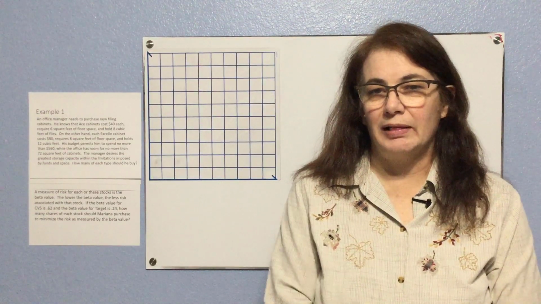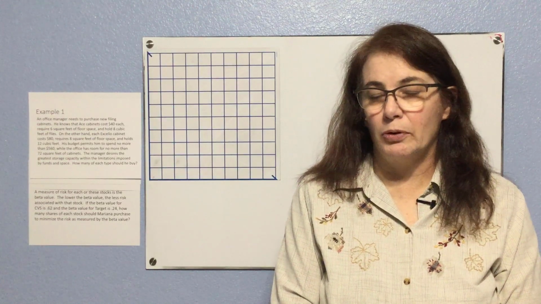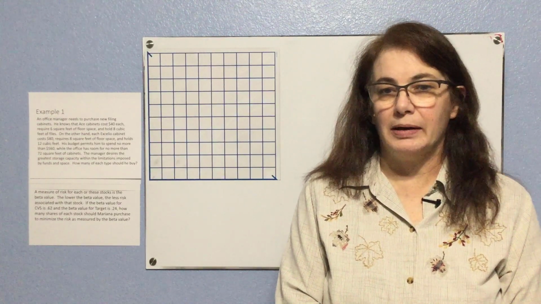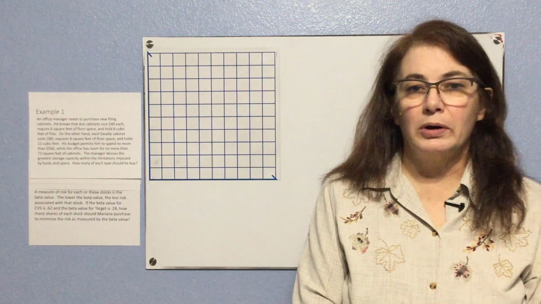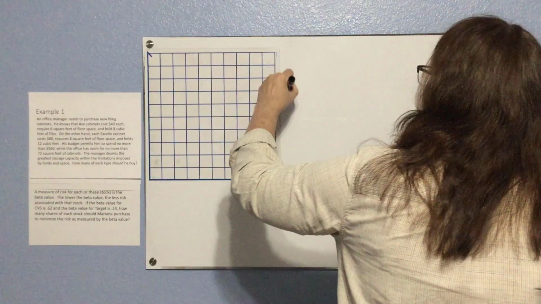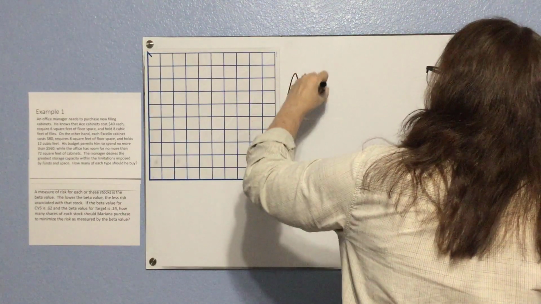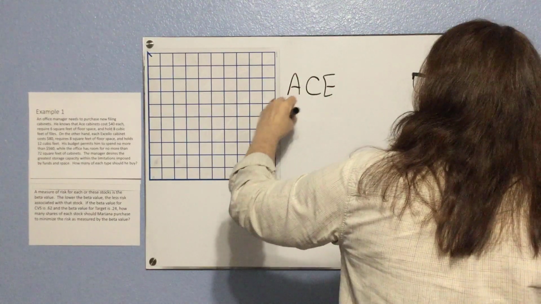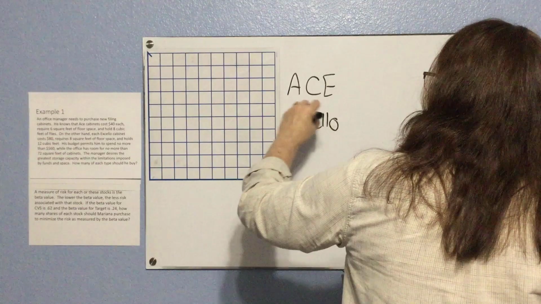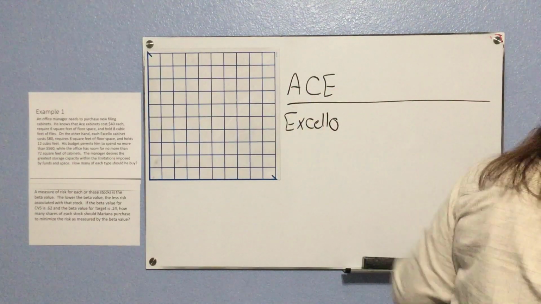Okay, this is a very classic type of linear programming problem. We want to get the best bang for the buck. So we're going to start by setting up a table with all the information that we know. I'm going to start with the 2 file cabinets, ACE and Excello are the brand names.